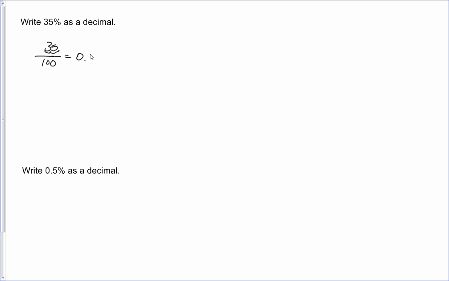So this would be 0.35 written as a decimal. As you can see, our decimal point would have been here, so we moved it 2 places to the left.